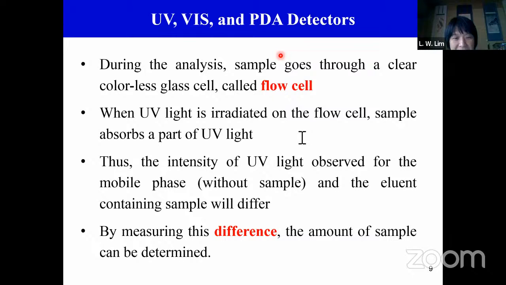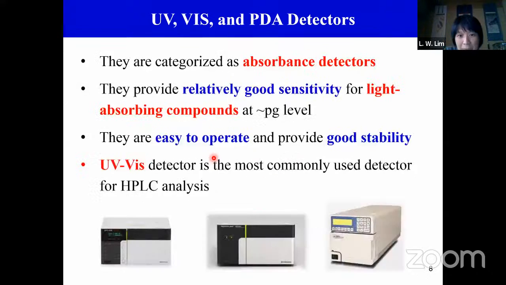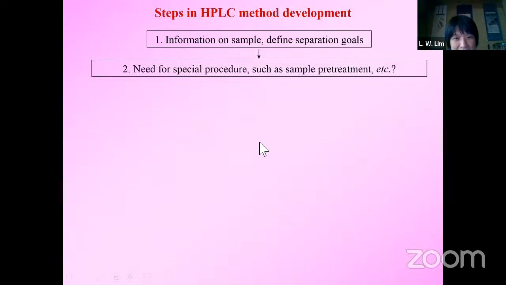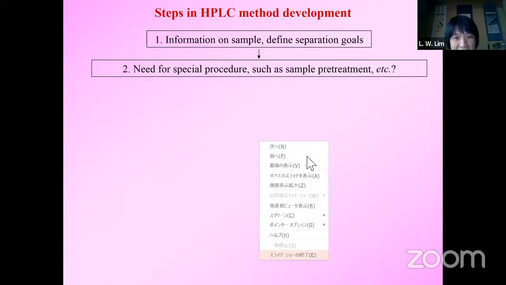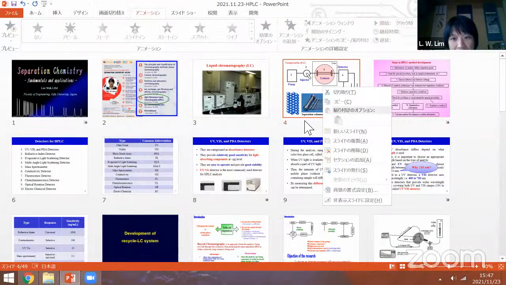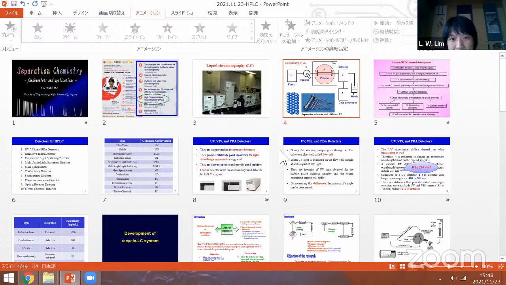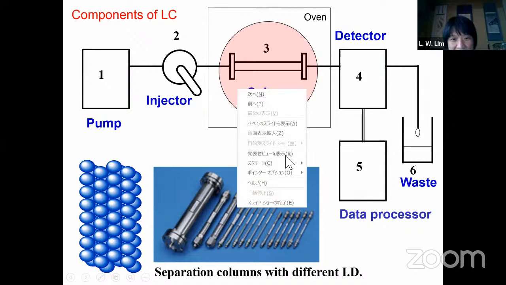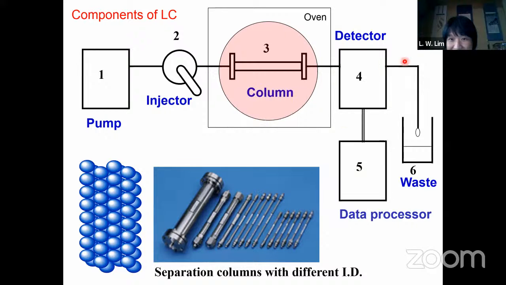I have a question from Satri. What is the function of UV in HPLC? UV is the detector, the UV detector. If we go back to the components of liquid chromatography, after the column we have a detector.